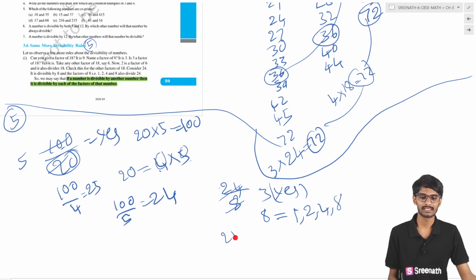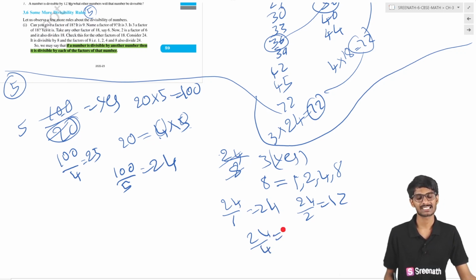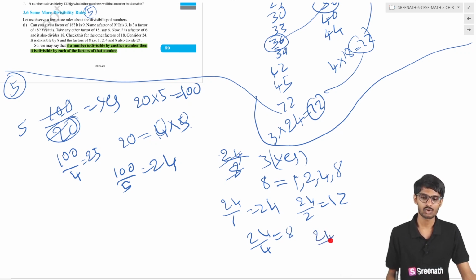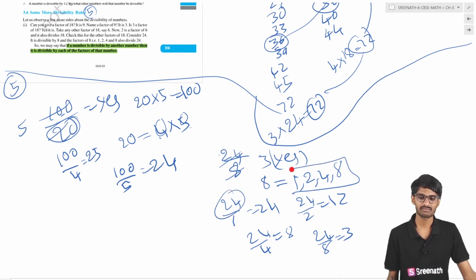If you divide 24 by 1, that is 24. Similarly you can divide 24 by 2, it is 12. You can divide 24 by 4, that is how many times? 4 4s are 16, 4 5s are 20, 4 6s are 24. And you can divide 24 by 8 also, that is 3. So this number 24 is divisible by the factors of 8 also.